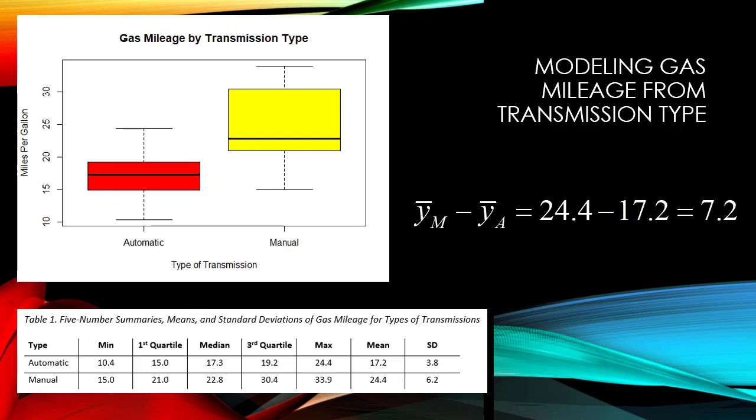The effect size can be seen as the difference in average gas mileage, 24.4 miles per gallon for the manual transmission and 17.2 miles per gallon for the automatic transmission, resulting in an effect size of 7.2 miles per gallon. That is, this tells us how much of an average increase we will find in gas mileage if we switch from automatic to manual transmission.